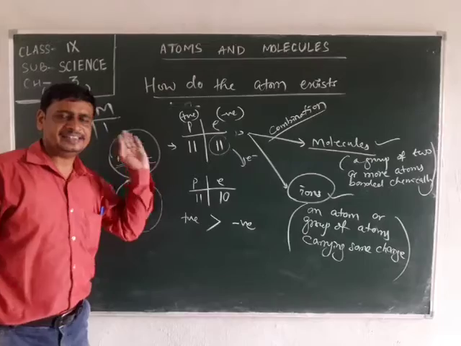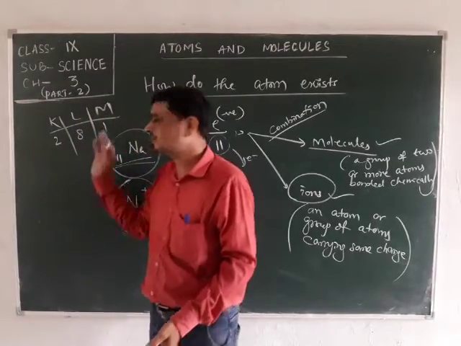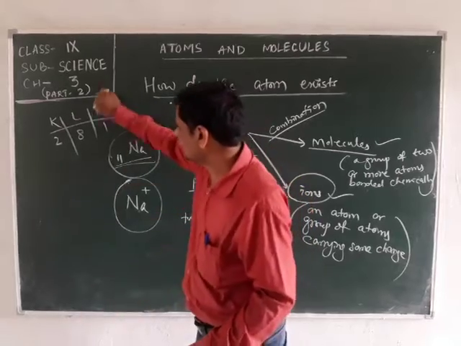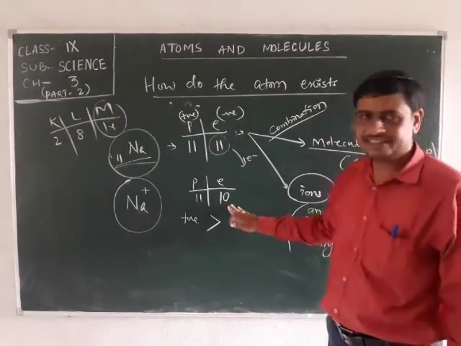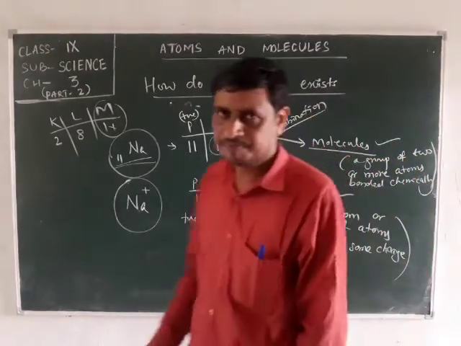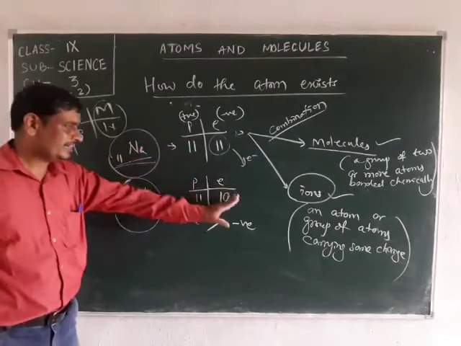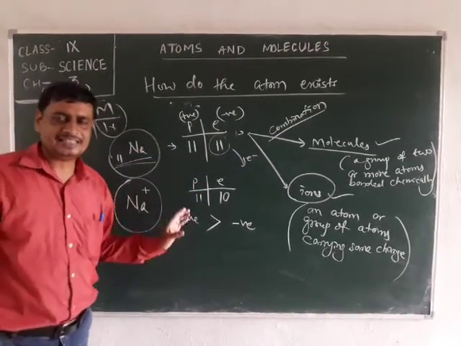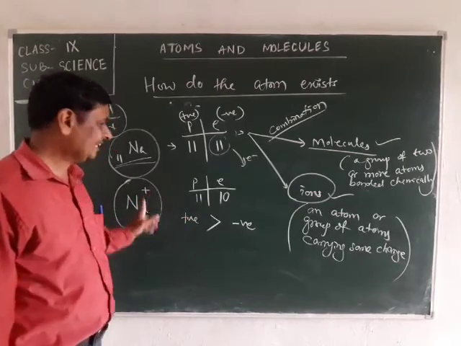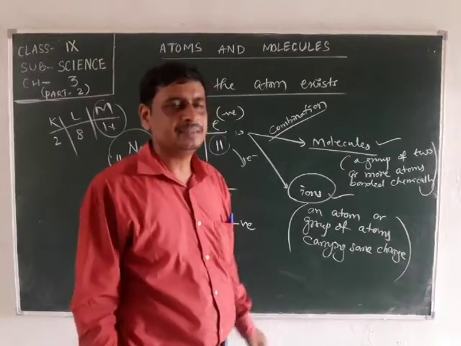Gaining 7 electrons requires more energy compared to losing 1 electron. So it will lose 1 electron. That's why the number of electrons becomes 10 in sodium after losing. Since one negative charge is lost, sodium becomes positive in nature. That's why it is written Na+, and this Na+ is said to be the ion of sodium.